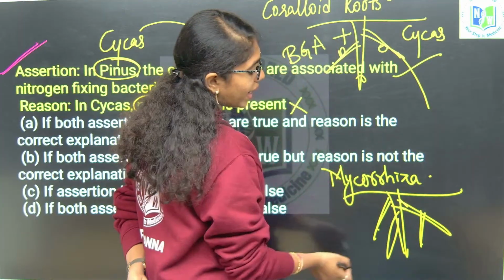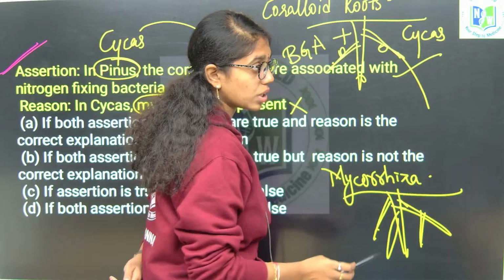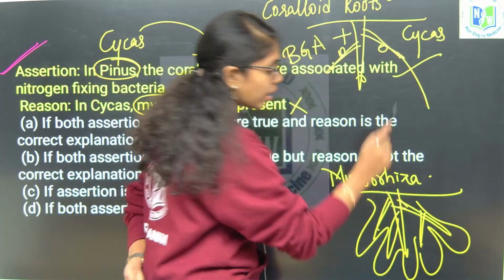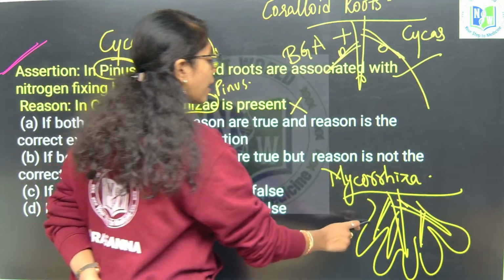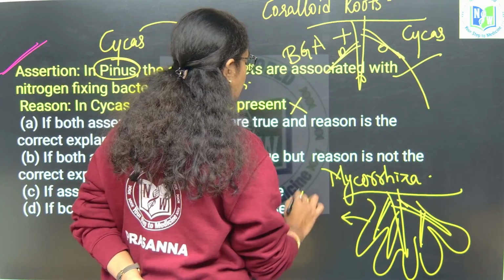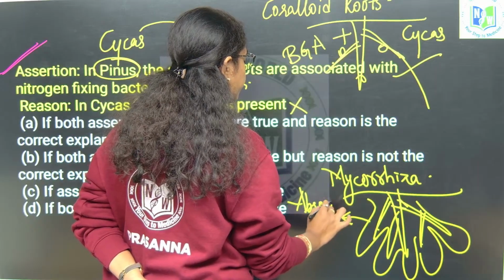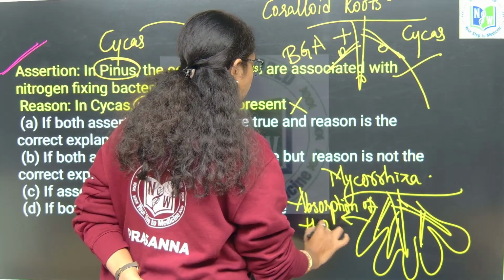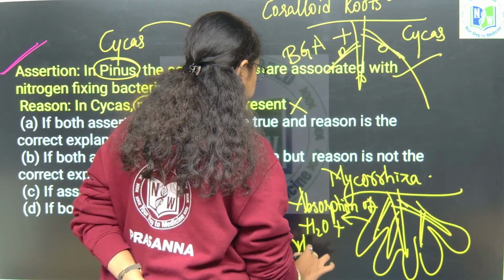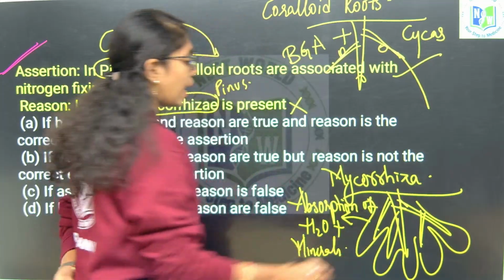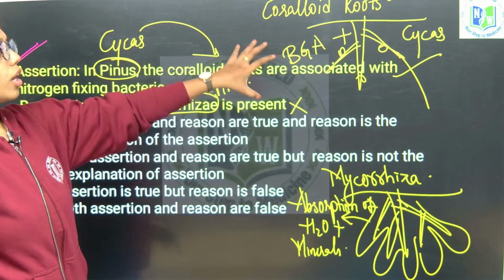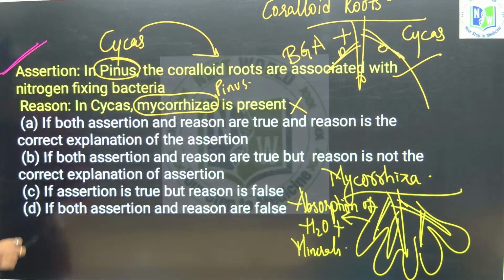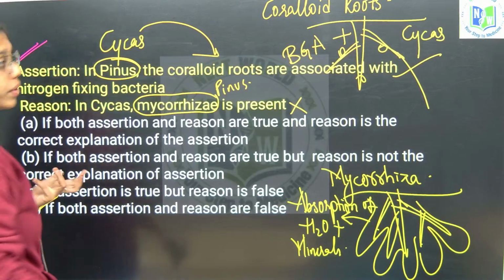Okay. So, Pinus will have the mycorrhizal association, that is fungal association, where fungi form a network like this, okay. And fungi here is involved mainly in the absorption of water and minerals. So, coralloid roots are observed in Cycas, mycorrhizal roots in Pinus. So, here both assertion and reason are false. So, we have to go with option D.